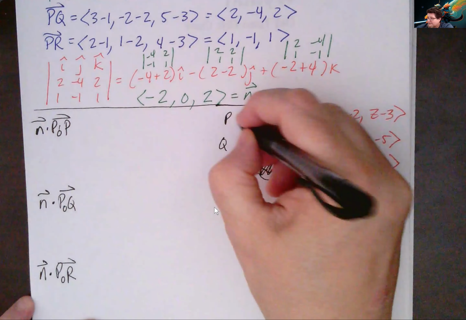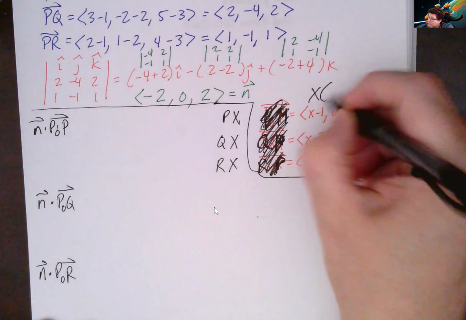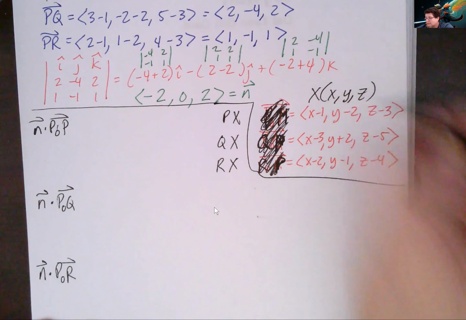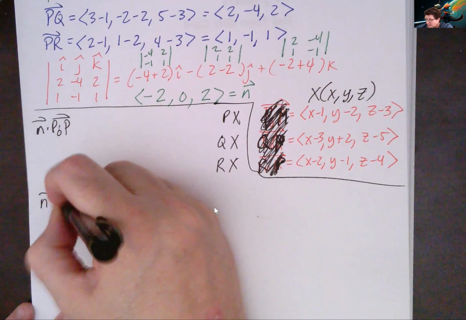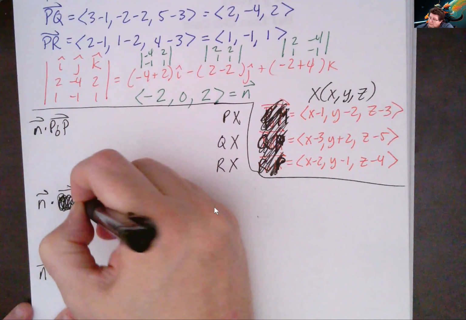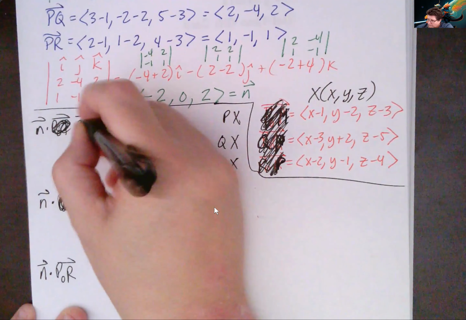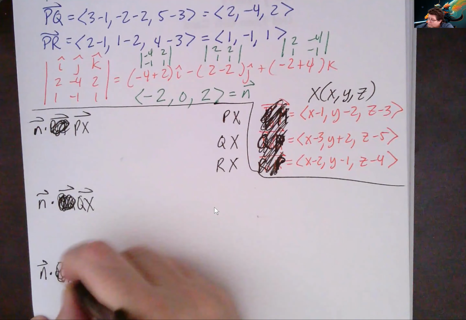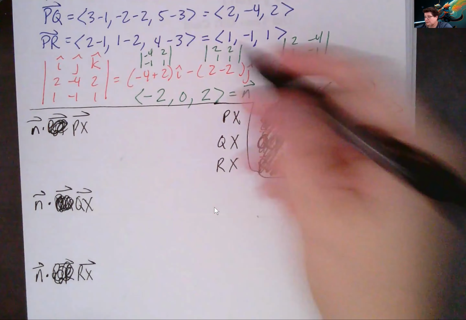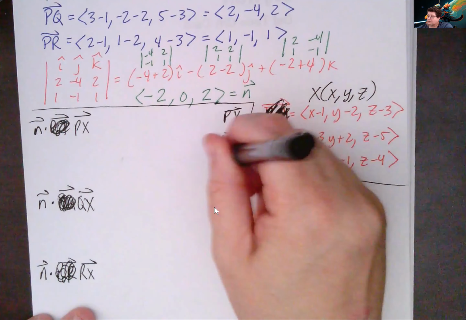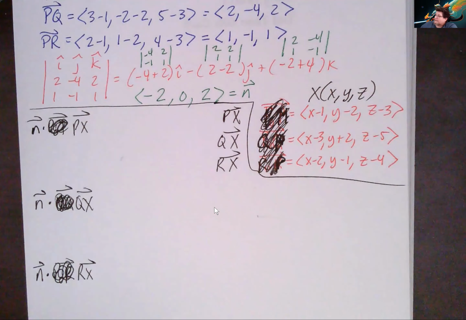I'll call this the X vector. X is X, Y, Z. These are correct, though. I just had the wrong notation for the left.